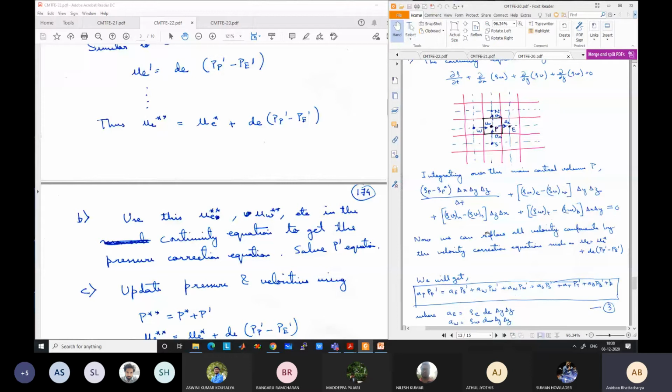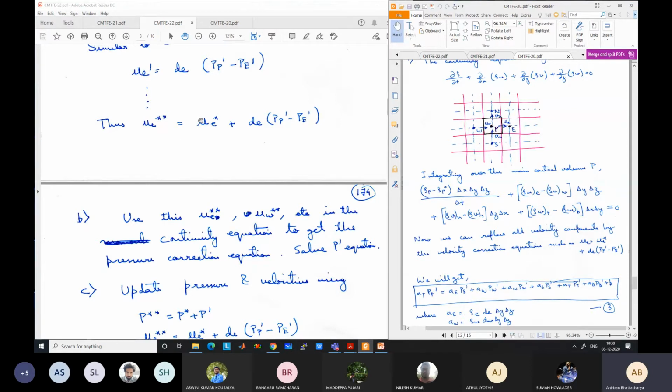Because the double star values are not known, you can replace them by this formula. So instead of UE, we can write UE star plus DE (PP dash minus PE dash). Exactly the same as previously.